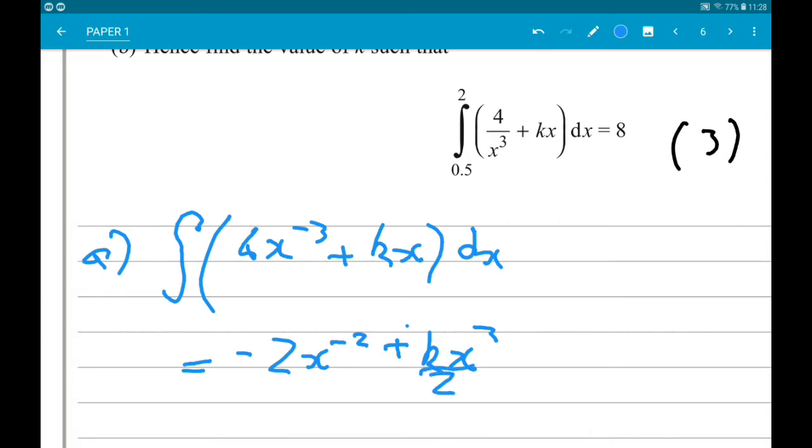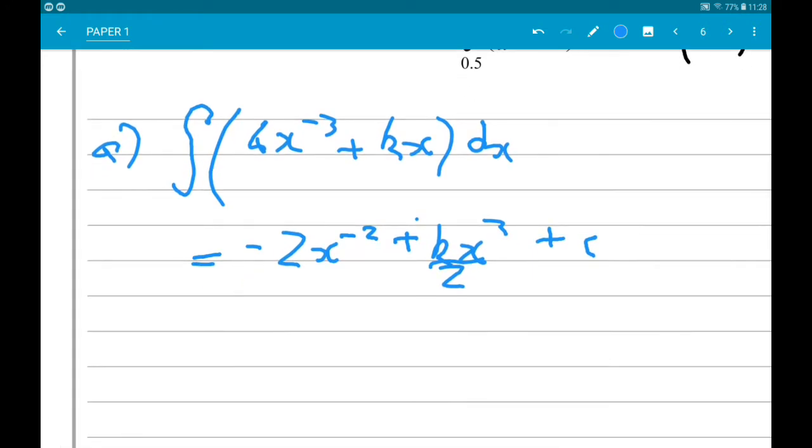Now it's indefinite, so we need plus c. Now we can't leave it like that, or we could write it as -2 over x squared + kx squared over 2 + c.